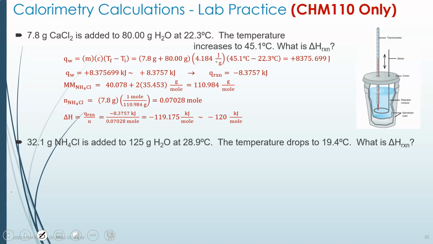Let's look at the second example. We've got 32.1 grams of ammonium chloride, and we're adding it to 125 grams of water. This is a reaction where the two are mixed, so we need the total grams.